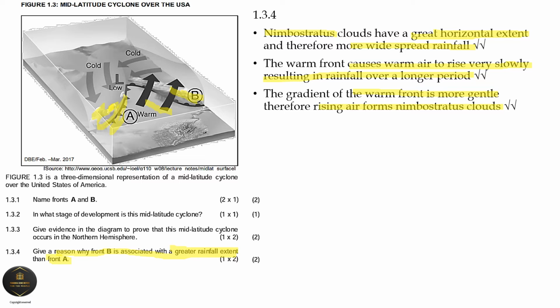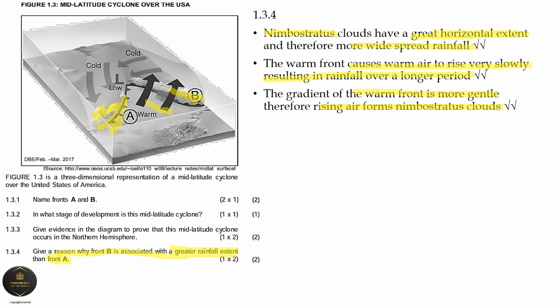Remember, in the cold front, you'll have cumulonimbus clouds, and we say they are towering cumulonimbus clouds, so they have a vertical extent that is steep, so they cover smaller regions as a result. While with the warm front, we have air rising slowly, resulting in rainfall over a long period of time, as we have shown.